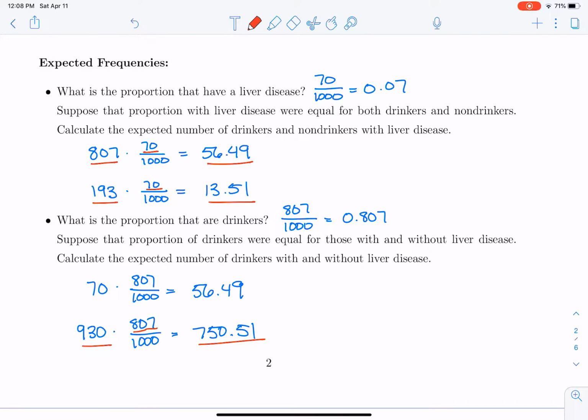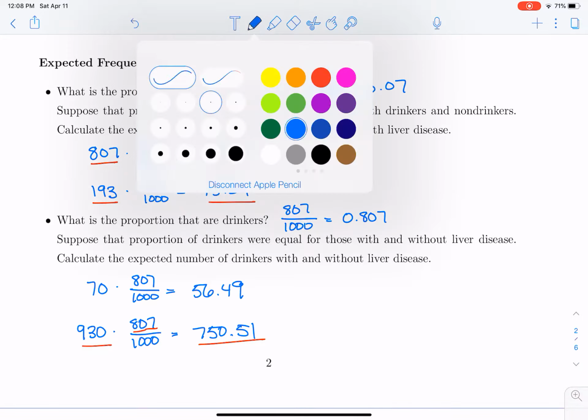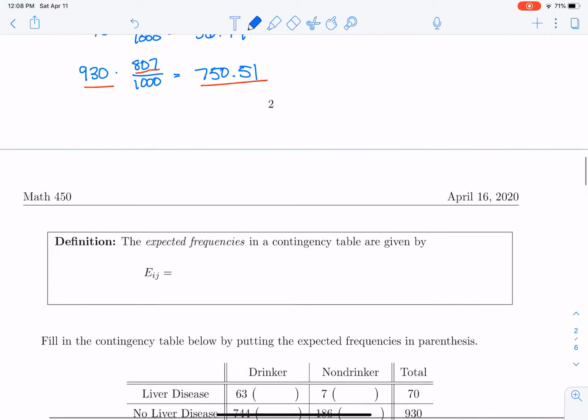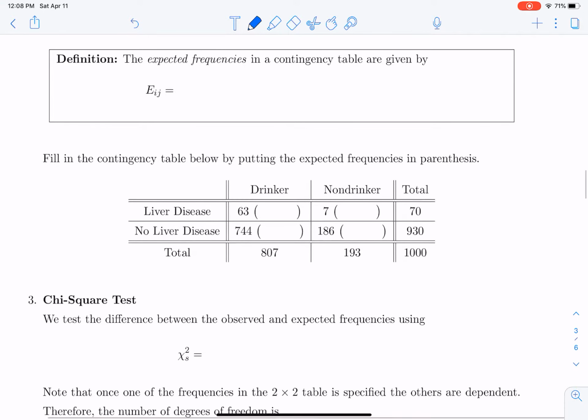So this gives us a sense of how to compute the expected frequencies. The expected frequency for a contingency table is E sub ij, where you take the row i total, multiply by the column j total, and then divide that whole thing by the grand total.